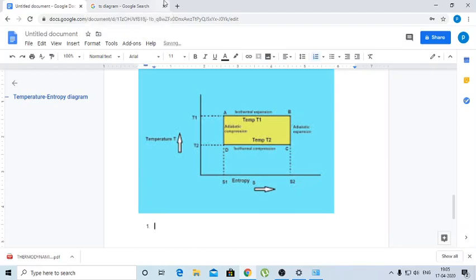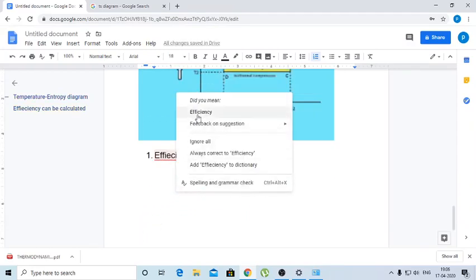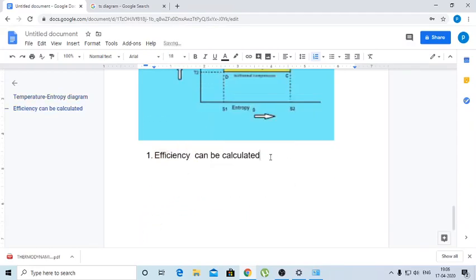One is, we have a heat engine. A heat engine is nothing but a device which converts heat into mechanical energy or mechanical energy into heat. So the efficiency of the heat engine can be calculated using the TS diagram.